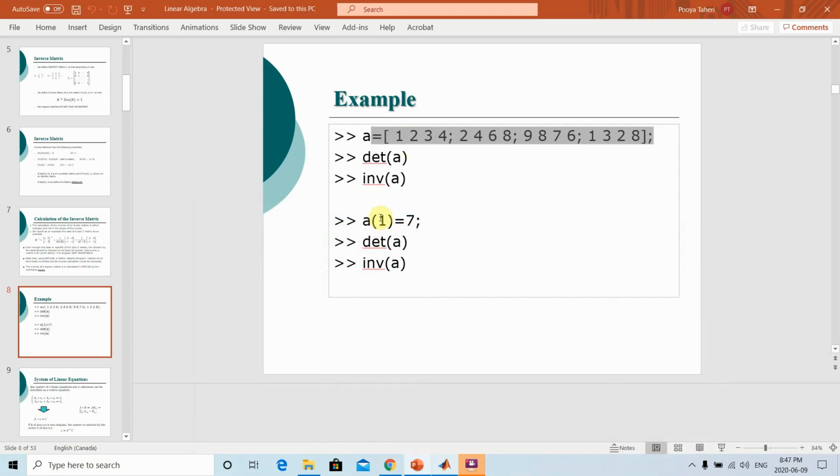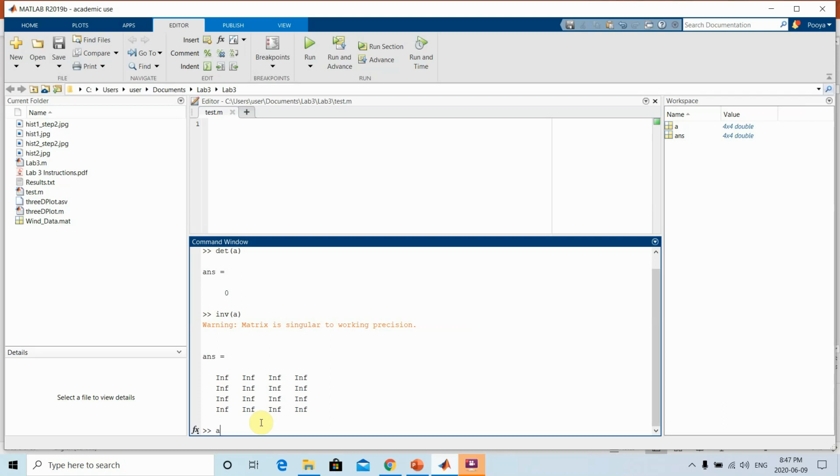If I replace the first number, A1, which is the same as A of 1,1, with 7, let's look at the determinant of A. It's not 0, so this matrix should be invertible.